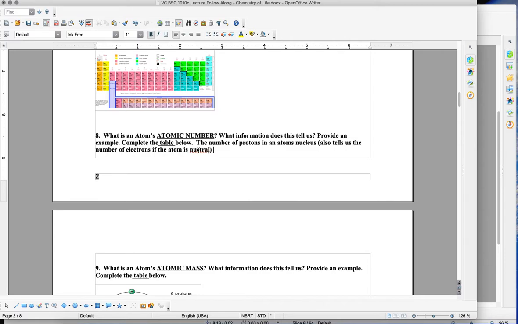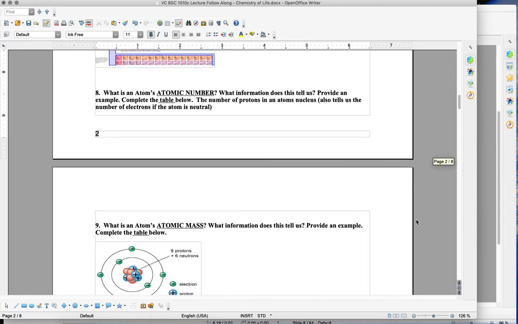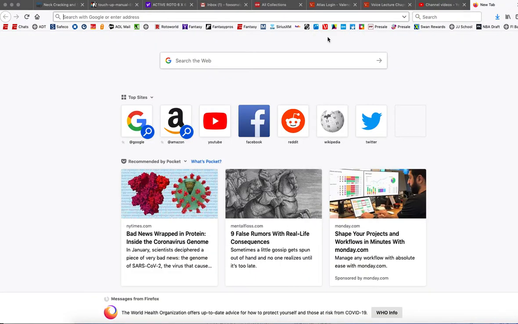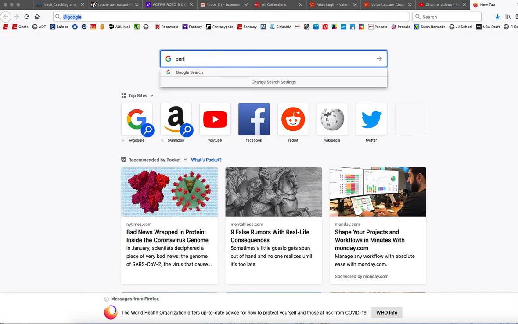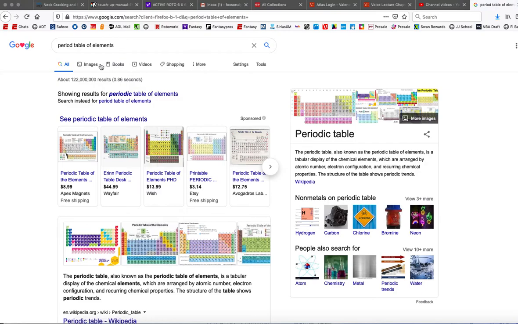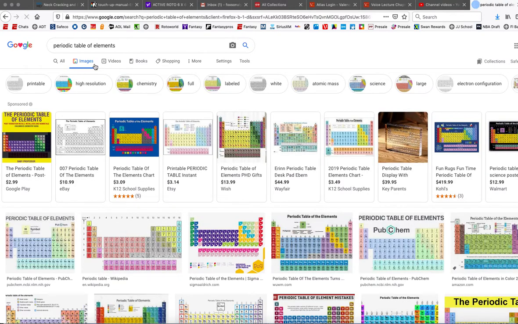Okay, so let's look at like the most basic example here. So hydrogen, actually I'm going to pull up something here real quick. I should have pulled this up already. Periodic table of elements. Just because the ones that I have on my PowerPoint are kind of small, so let's see if we can find a better one here.